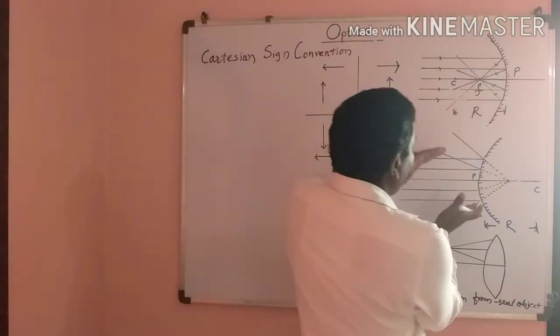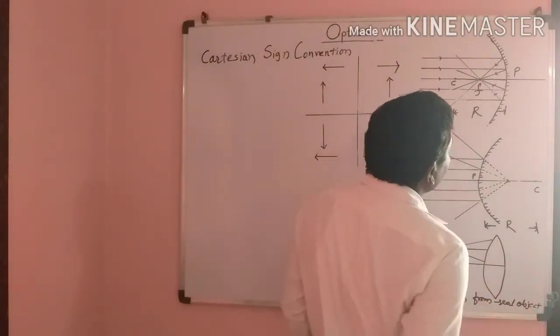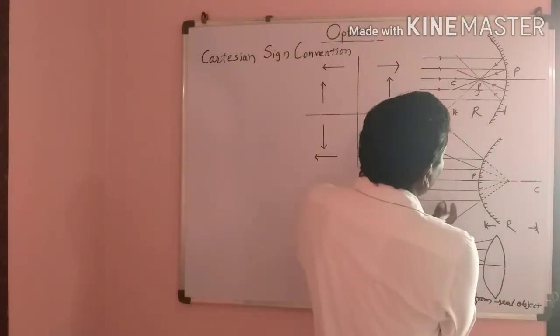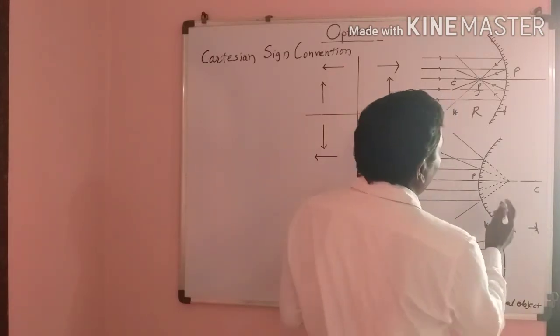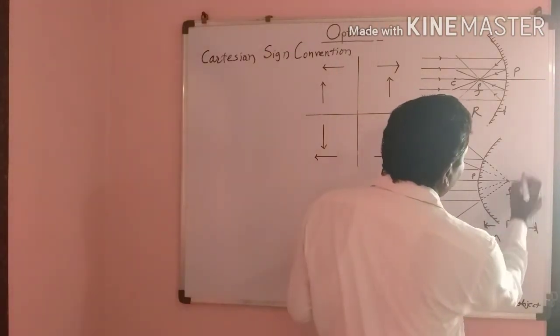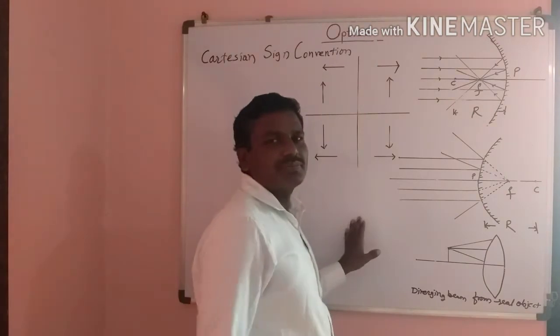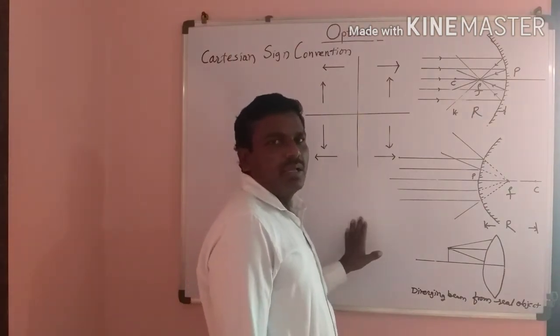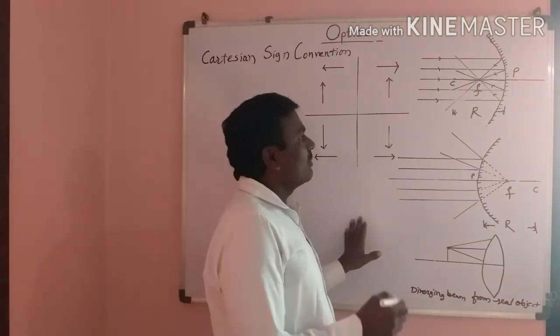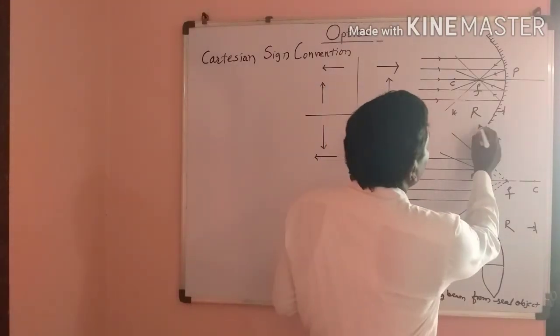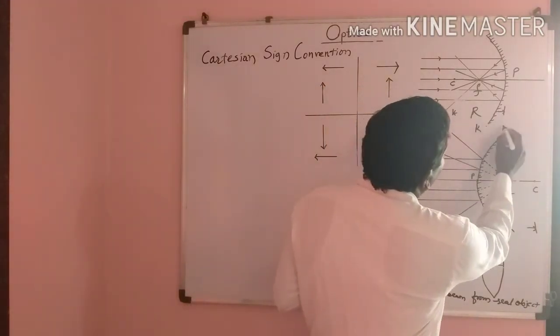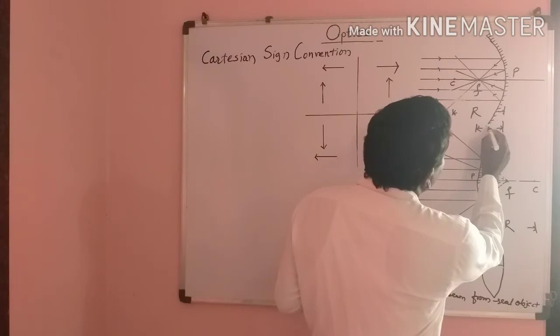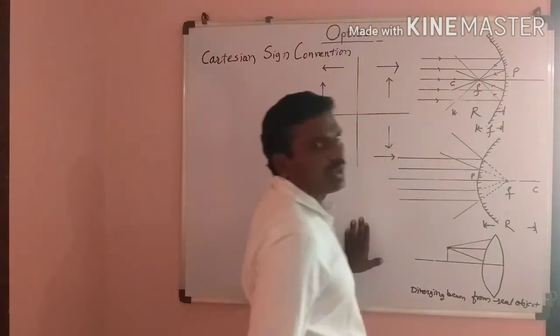If rays are incident on a convex surface, they diverge, but on the other side they appear to converge at one point, and that point is called the focal point. The distance between the geometrical pole and the focal point is called the focal length.